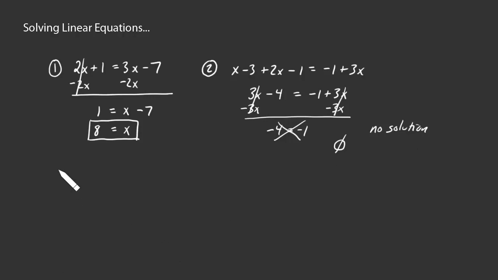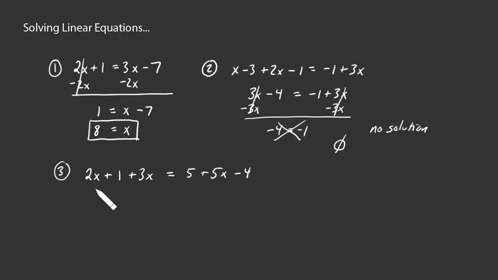Now, one more example. Suppose we have, let's say, 2x plus 1 plus 3x equals, let's say, 5 plus 5x minus 4. Okay?